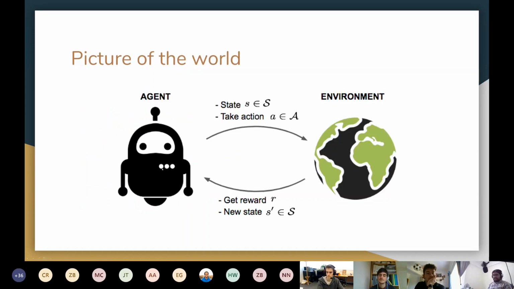You have the agent. The agent is separate from the world. The world tells the agent what is the current state of the world and what was your reward. And then the agent says, I take an action, gives it to the world, and then the world gives it a new state and a new reward. And the agent just keeps doing this either until infinity or until the game ends.